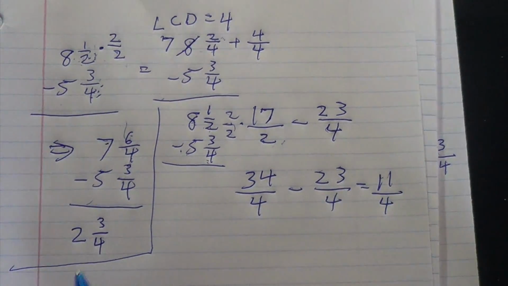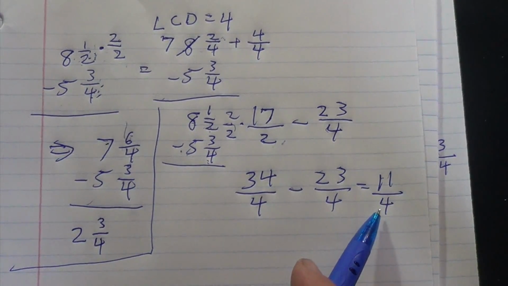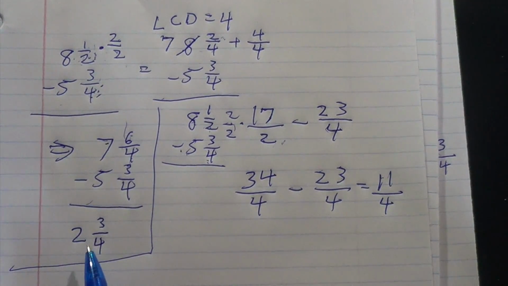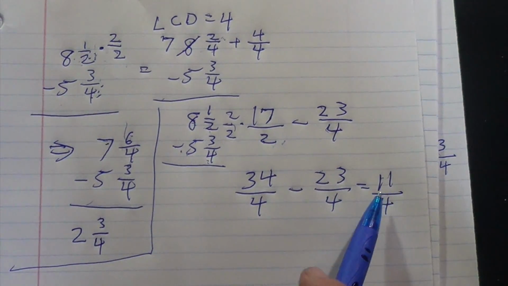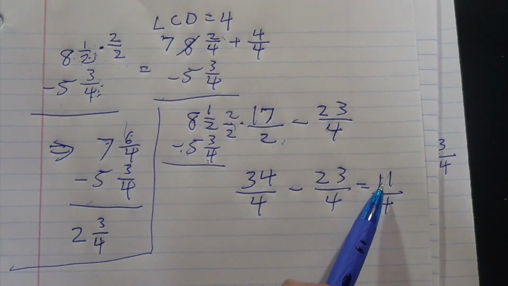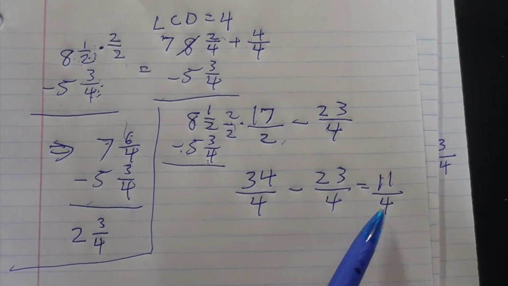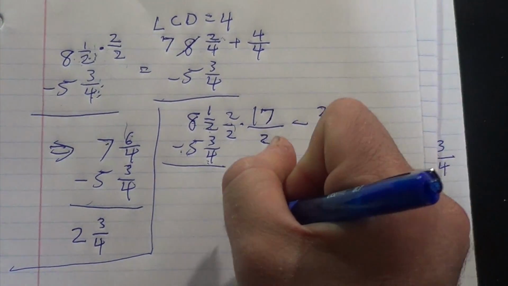However, it doesn't quite look like a mixed number yet. So let's change 11 over 4 into a mixed number and see if we have the identical answer. So in order to do that, we take 11 divided by 4. And you notice 4 only goes into 11 2 times, because if this is a 12, 4 would go in 3 times, but it only goes in 2 times.